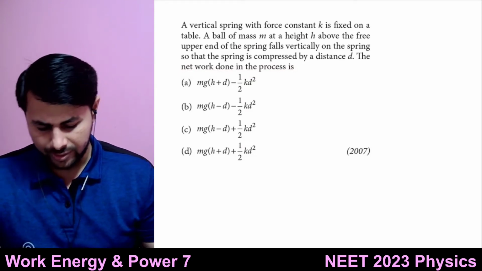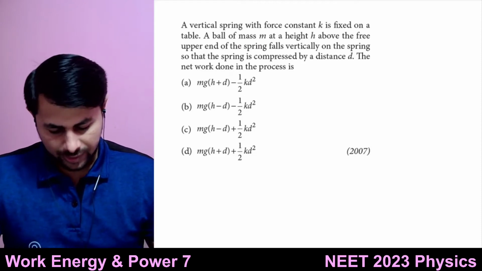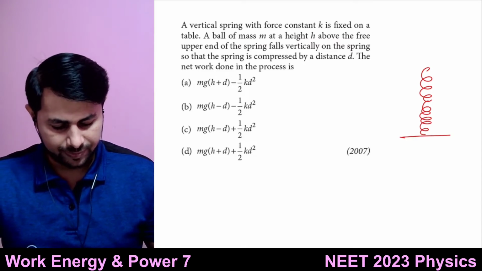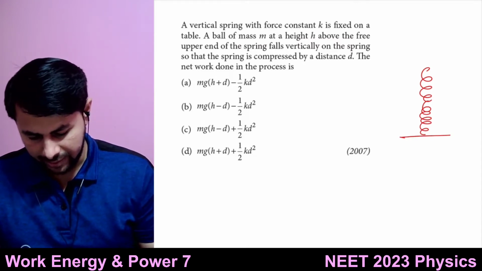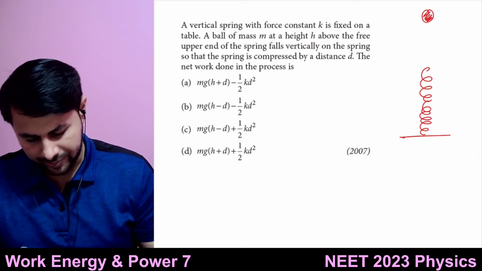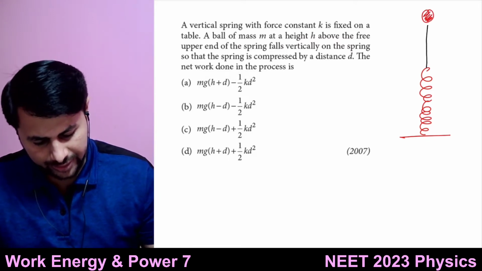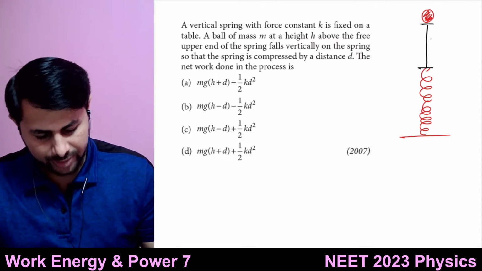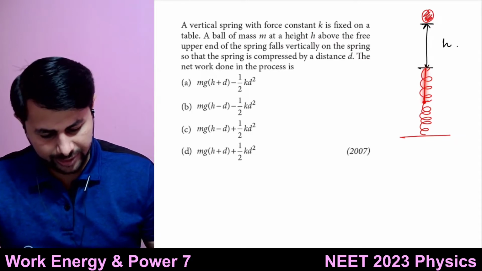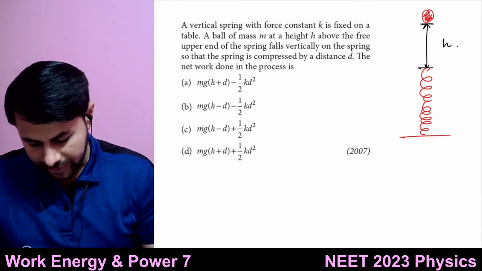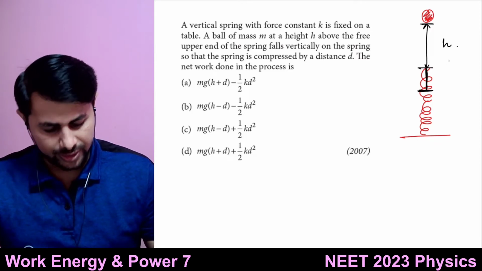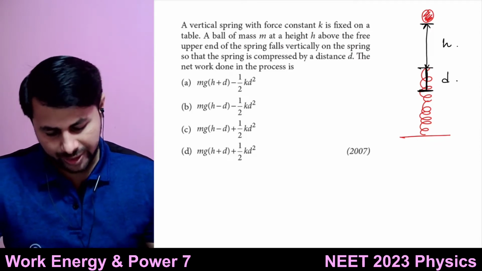Okay, so this is simple. See, there is this vertical spring fixed on a table, and there is a mass which falls from some height h. It's given that it falls from this much height h, and then the spring gets compressed. Suppose the compression in the spring is this much. It's given to be d.